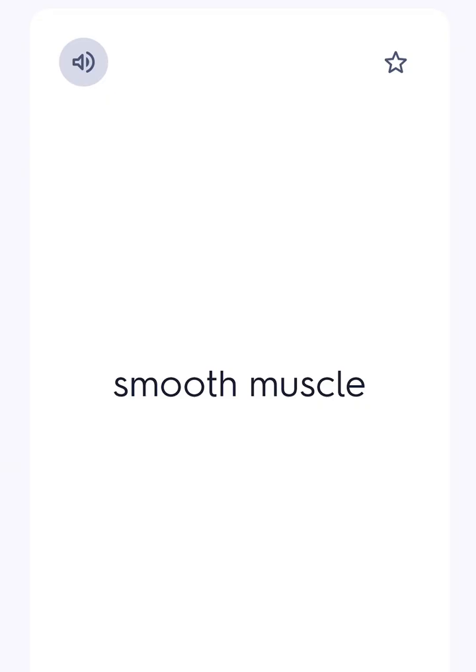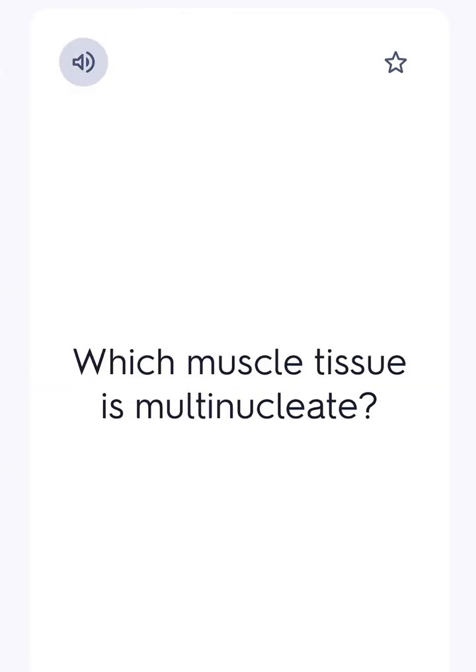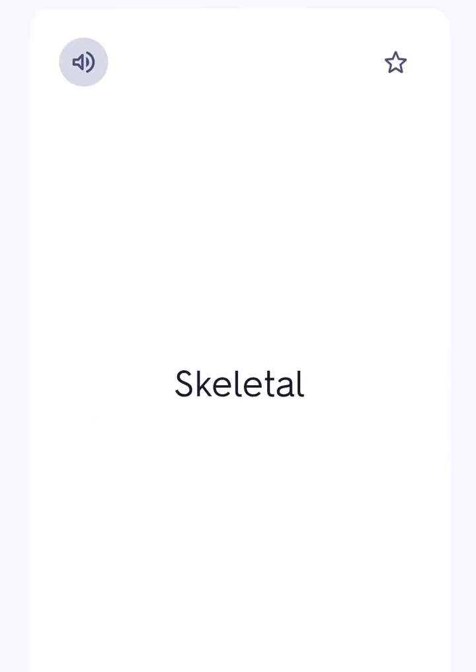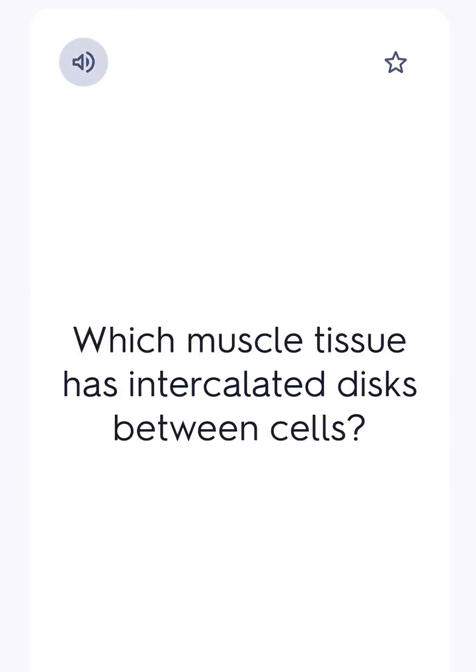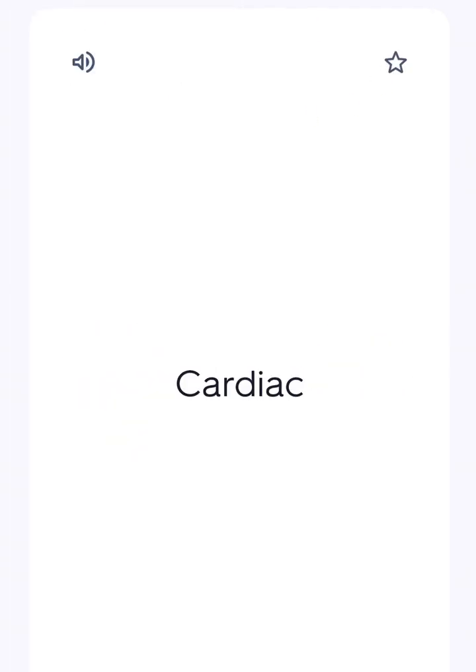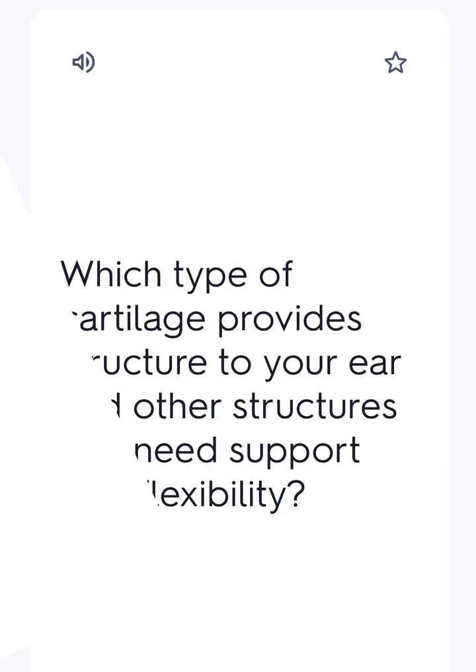Smooth muscle. Which muscle tissue is multinucleate? Skeletal. Which muscle tissue has intercalated discs between cells? Cardiac.